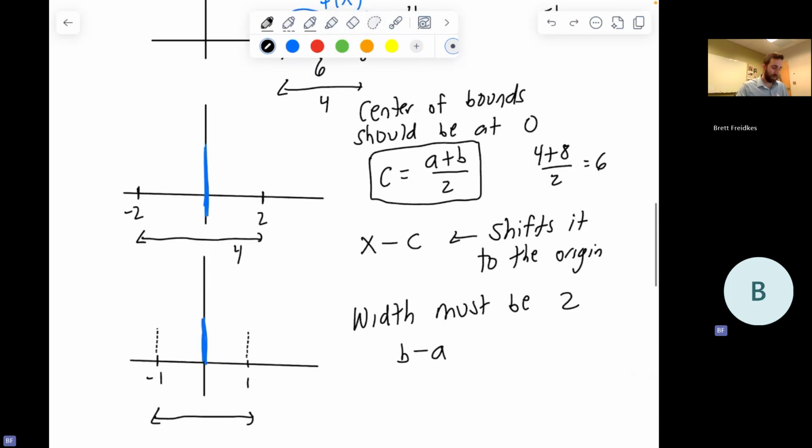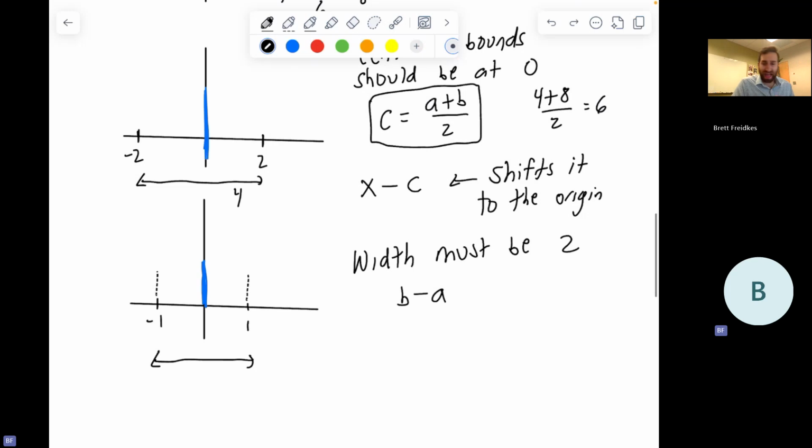That is the width. And I need to divide that by some number to end up getting me 2. So I'm going to divide this by some letter m. Maybe we can call this like our magnifier or something. That's not the exact name. That's just what I'm calling it to help remember the letters. C is the center and M is the magnifier or the scalar, the thing that is used to take our width and get it to the correct values.